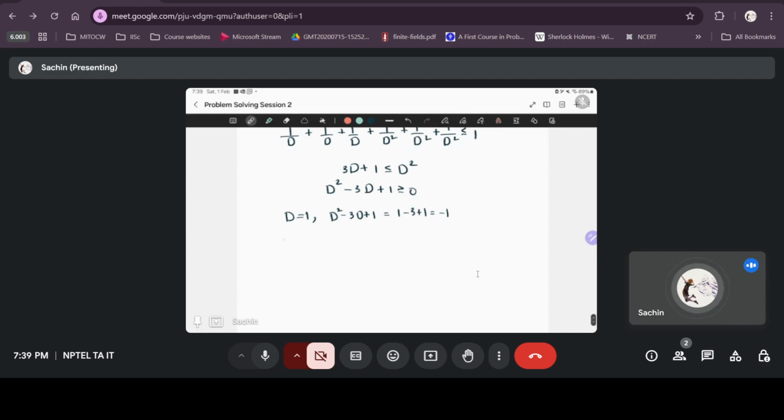So that's not enough. D is equal to 2, that's 4 minus 6 plus 1, which is minus 1, which is less than 0. So d is equal to 2 is also not enough. D is equal to 3, you get 9 minus 9 plus 1, which is 1.